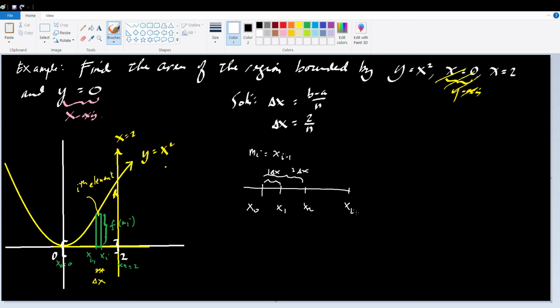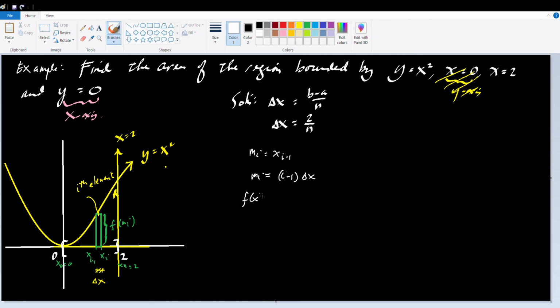So at x sub i minus 1, that will be equivalent to i minus 1 delta x from x sub 0. So we express m sub i in terms of delta x as i minus 1 delta x. That is my m sub i.